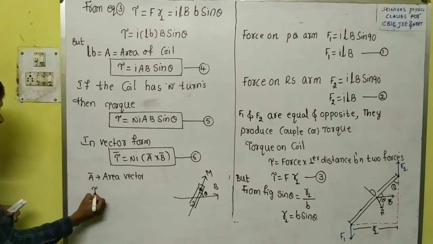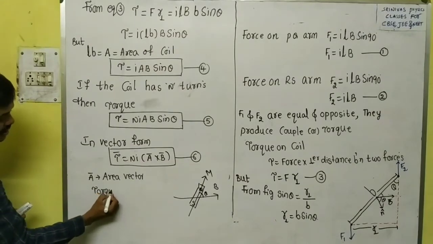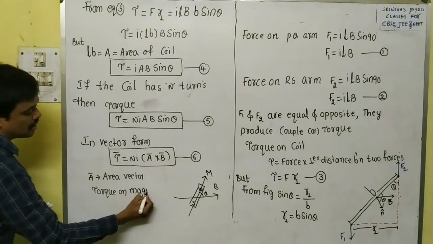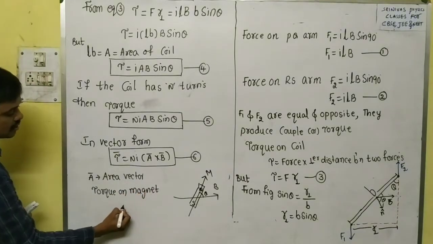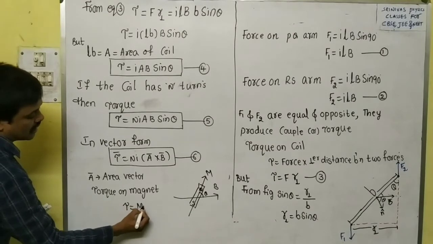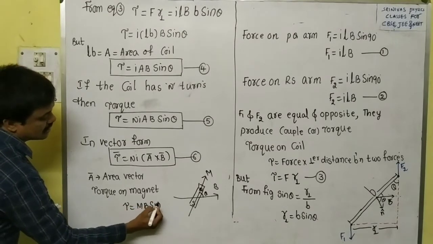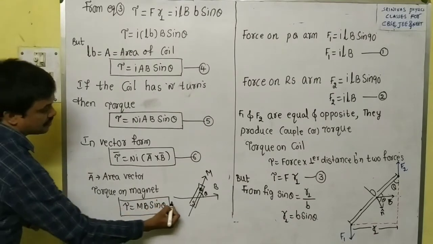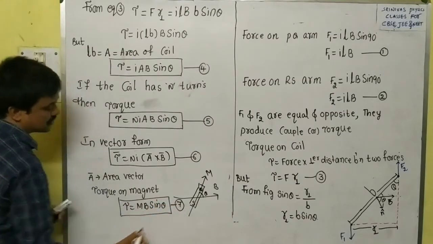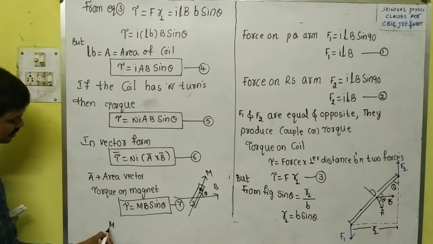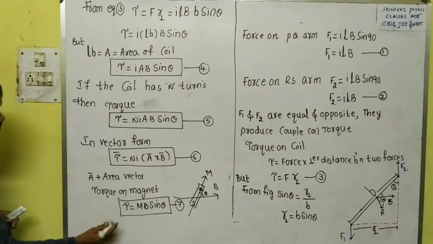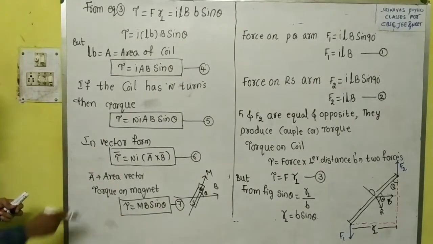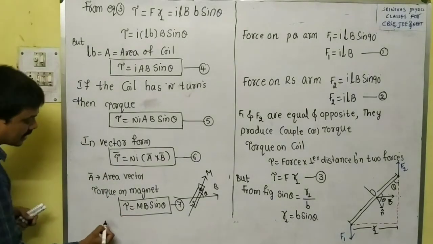Then the torque on the magnet we write as tau is equal to capital M B sin theta. Okay, MB sin theta. This is equation 6. Here, when you compare equations 5 and 6, 7, capital M is the magnetic moment.